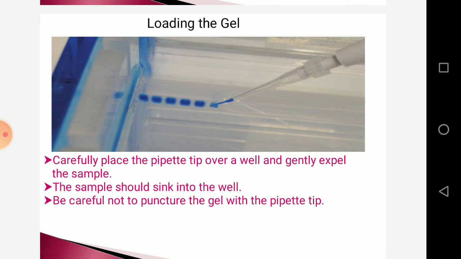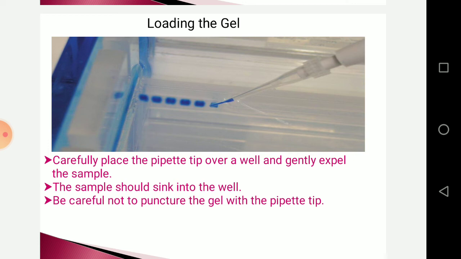And in the well we put our sample. The sample consists of fragmented DNA pieces. Carefully place the pipette tip over the well and gently expel the sample. So we should take our micropipette and put our sample into the well.